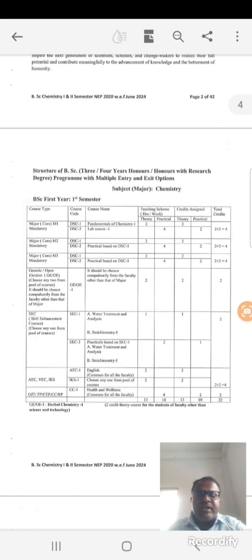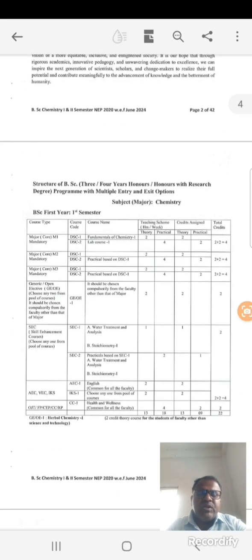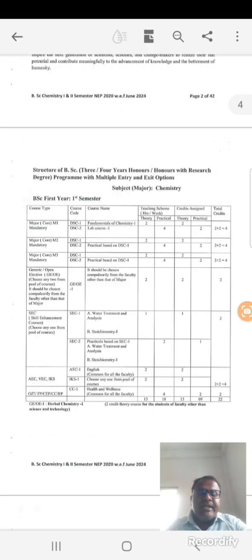This is a minor paper, skill enhancement course. Suppose the allotted SEC paper is chemistry. The name of the paper will be water treatment analysis. This theory paper is for 30 marks and 20 marks for internal assessment, 30 plus 20, 50 marks.